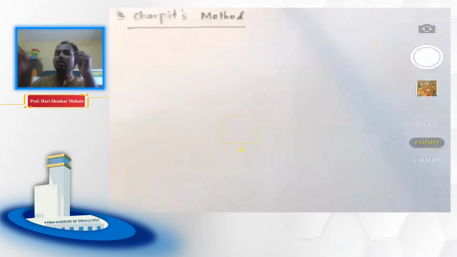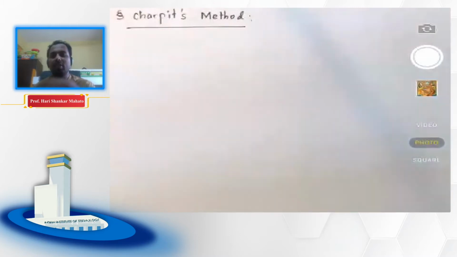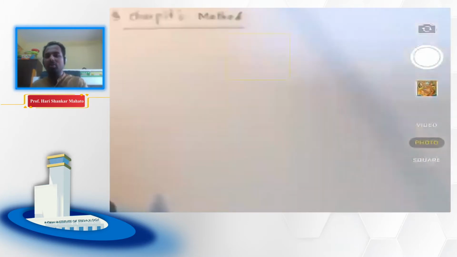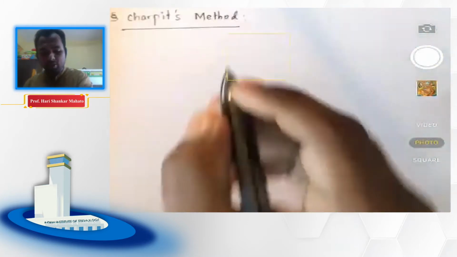But if your given PDE is non-linear, that means if you have something like p square or q square in your equation, then this technique of Lagrange's method would not work. Then we need the help of another technique, which is called Charpit's method. I'm quickly going to introduce what Charpit's method is, and then we will solve some examples.